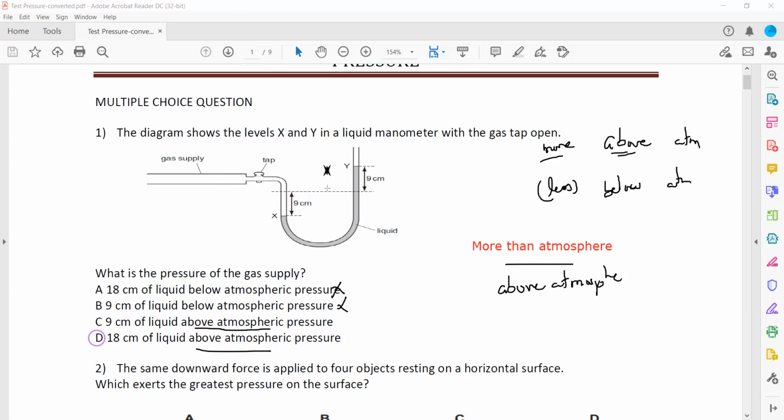So what is the difference in level of the liquid? When you check, 9 centimeters plus 9 centimeters, so total is 18 centimeters. So the difference in the level is 18 centimeters. So we also say that 18 centimeters of liquid above atmosphere. Is it clear? Discussion. So D is the right answer.